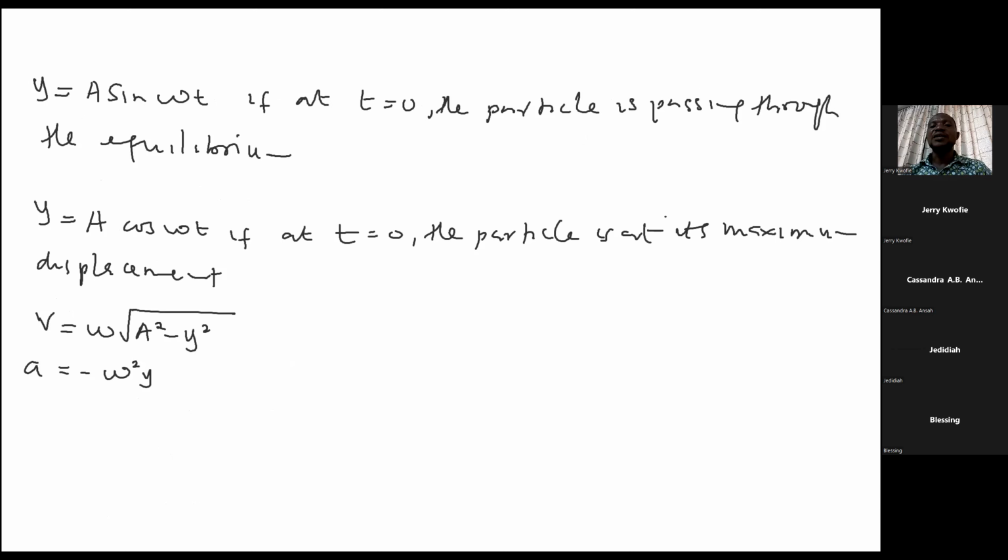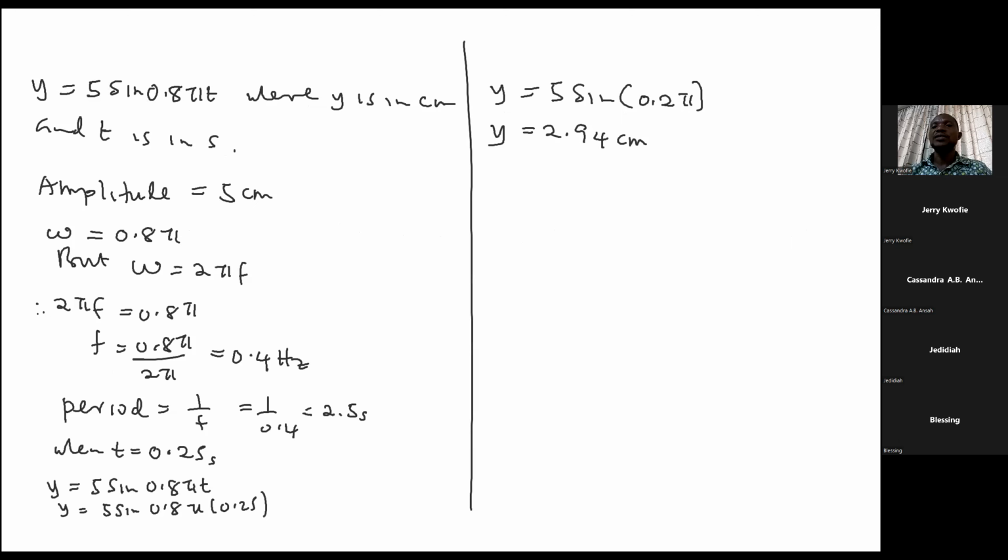And here the equation for velocity is omega root of a squared minus y squared. So that is what we are going to use to get the velocity. All right. So here our velocity is going to be given by omega root of a squared minus y squared. Let's make the substitution. What is omega? We got 0.8 pi.